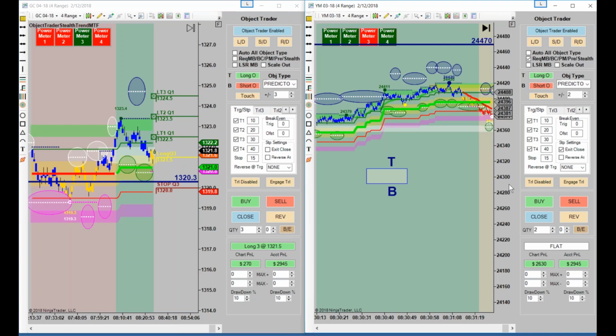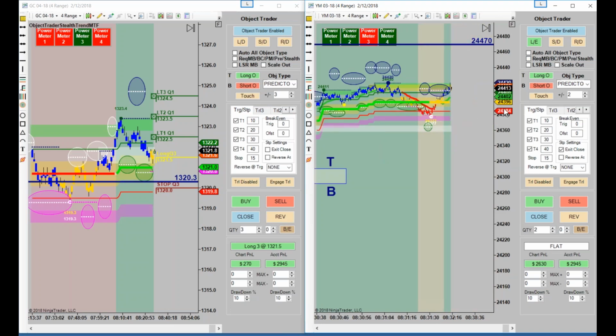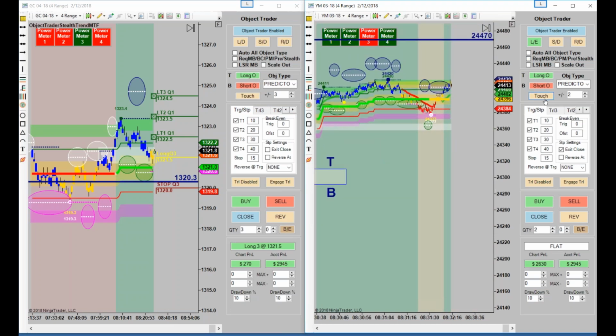So keep in mind, the only time you'd really want to use what we call the other part of the predictor is if you wanted to actually do the region like out of it. But keep in mind, those are resistance areas, so they're not going to normally go through those predictors and give you a trade. In other words, what I'm talking about here is if you just had this turned off, this turned on, then what this would do, if I was starting to get a trade right now, let's say I had this set for touch plus 2, it would fire 2 ticks above that line because it doesn't know that I'm not looking for that bottom predictor or these bottom predictors.